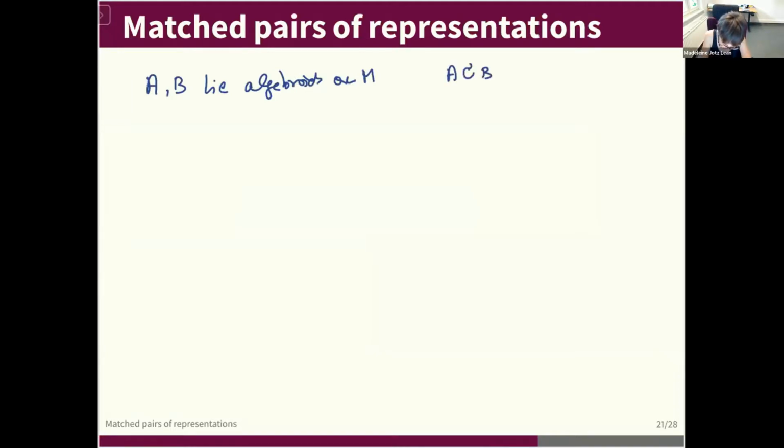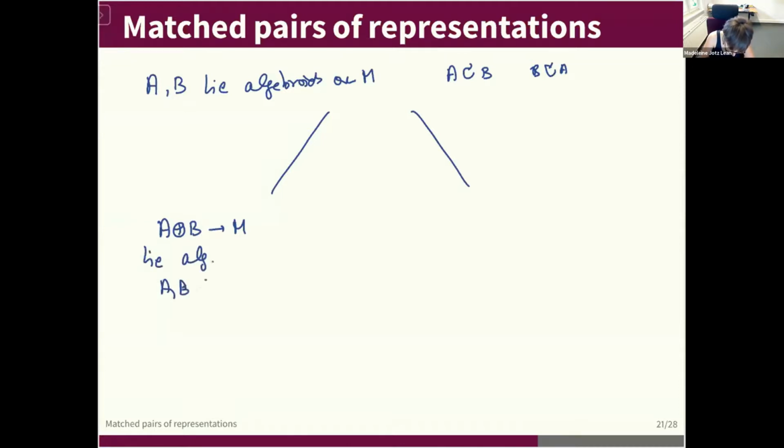So A has a flat connection on B, B has a flat connection on A, and these two Lie algebroids with their representations on each other build a matched pair if, well, either of two things are satisfied. So first thing, A plus B over M can be equipped with a Lie algebroid structure such that A, B are sub-algebroids, and the bracket of a and b is minus nabla_b a plus nabla_a b, where nabla are the representations.